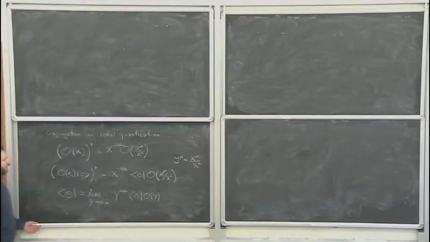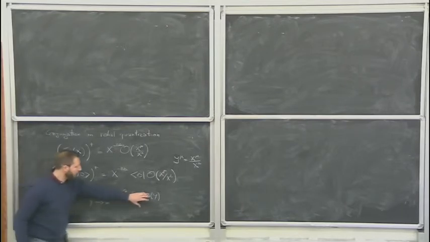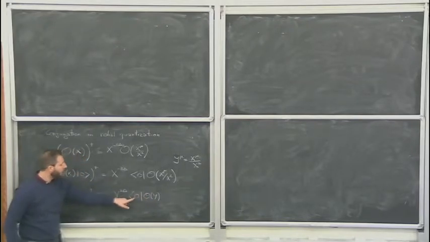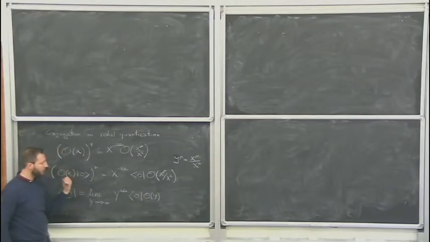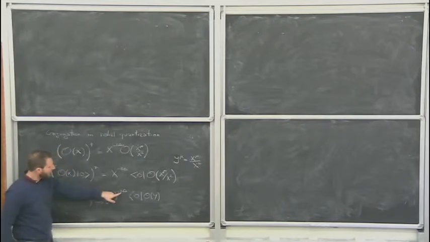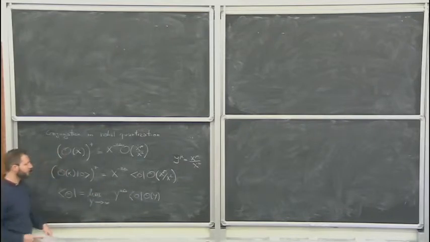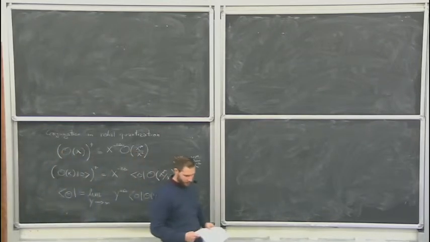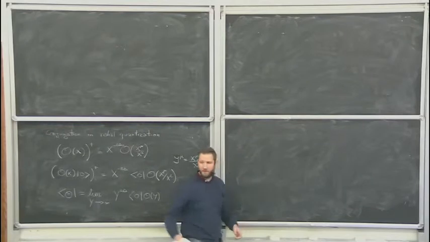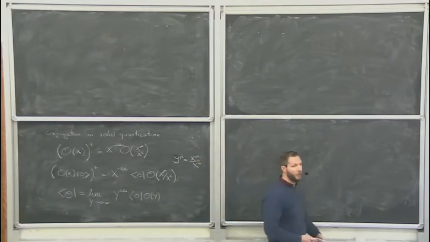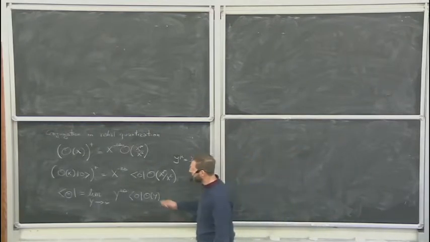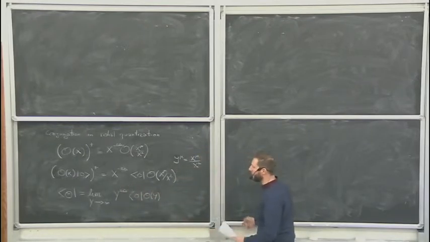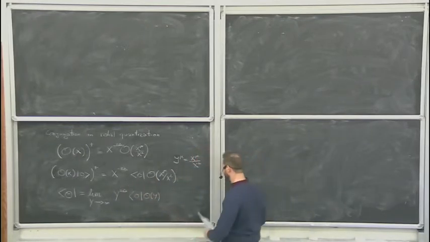Okay, so you can define the conjugate state as a limit of an operator acting on the vacuum on the left, and then rescaled by this quantity here. This will be my conjugate state. And now, using this definition, we can, for instance, compute two-point functions and relate them to norms of states.